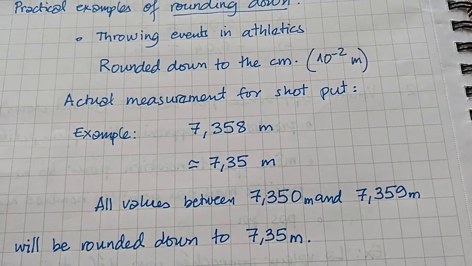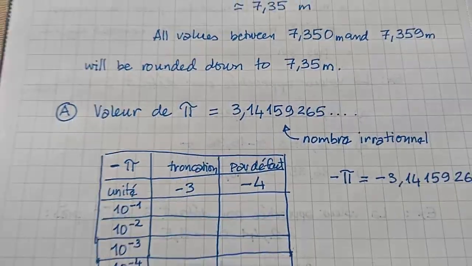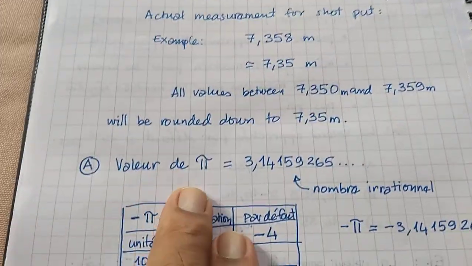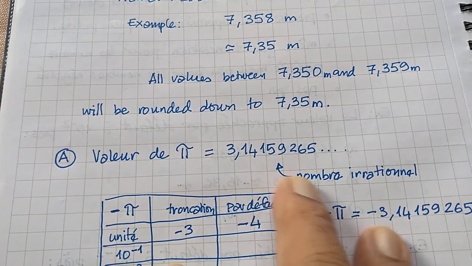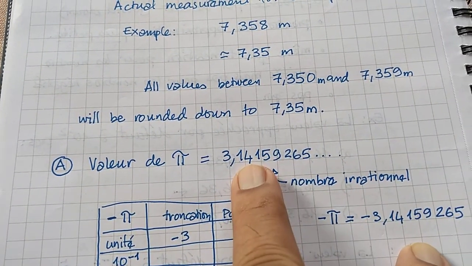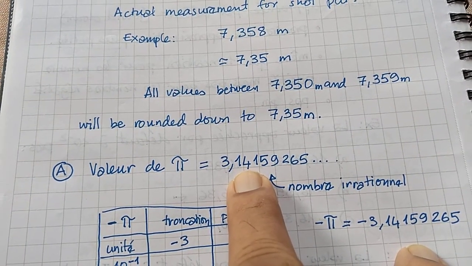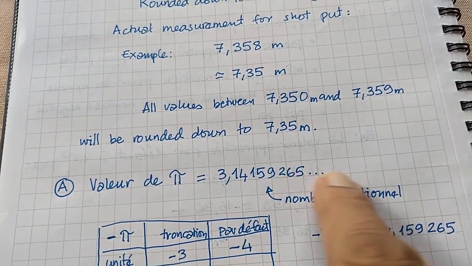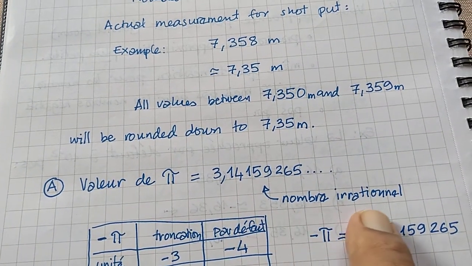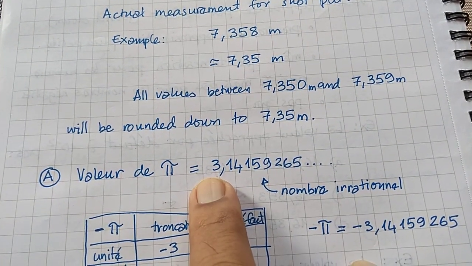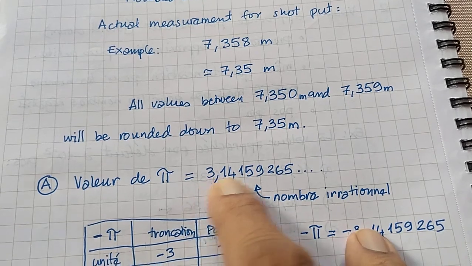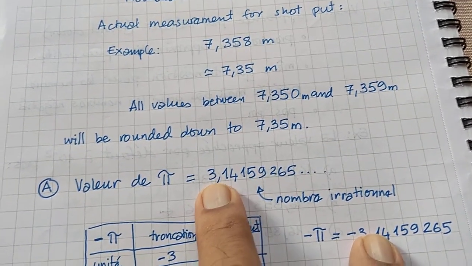Okay, so now a few video problems. So let's take the value of pi. It's a nombre irrationnel. Irrationnel means a number that cannot be written exactly as a fraction, nor does it have repeating digits. A lot of people use many digits of pi. They're really not necessary.